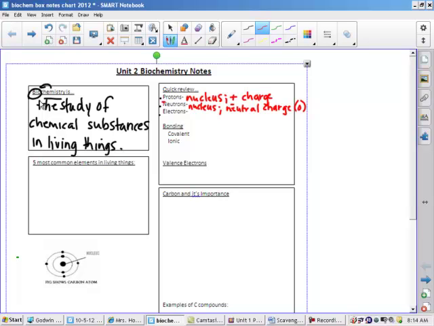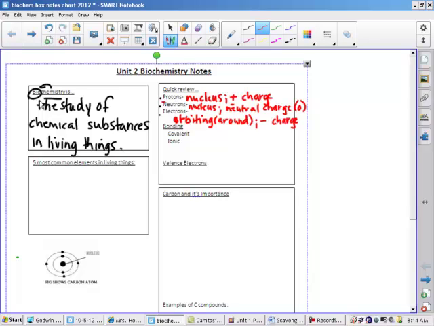Okay, so we're going to say they're found, let's just say orbiting, which means around the nucleus. Okay, and electrons have a negative charge. Okay, hopefully you remember that.